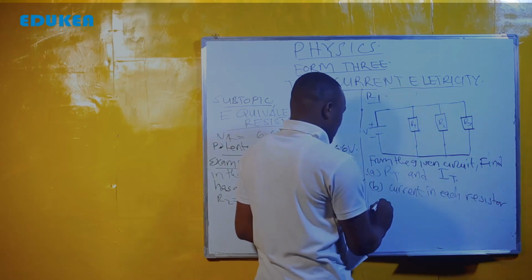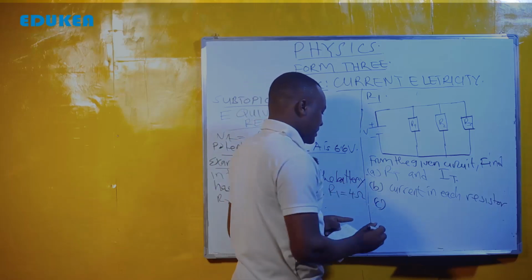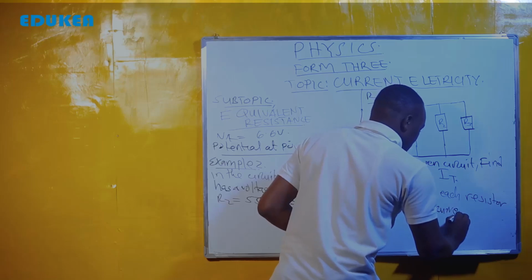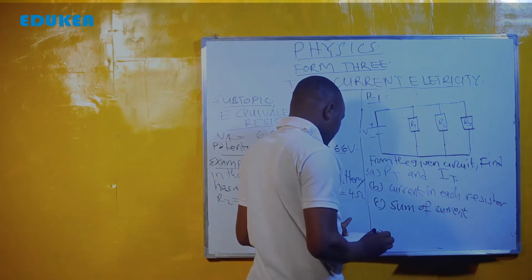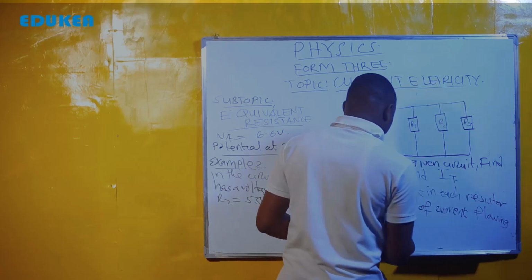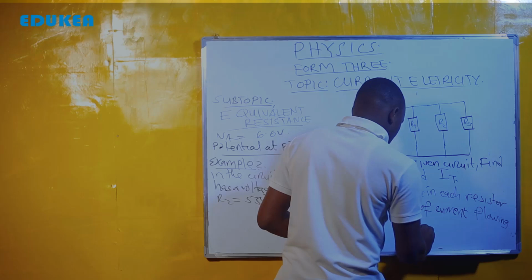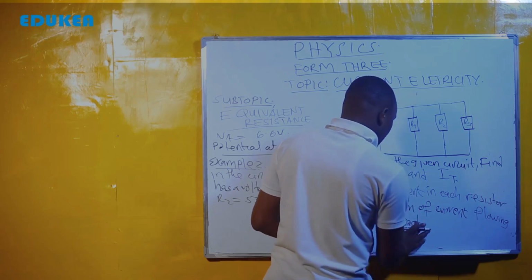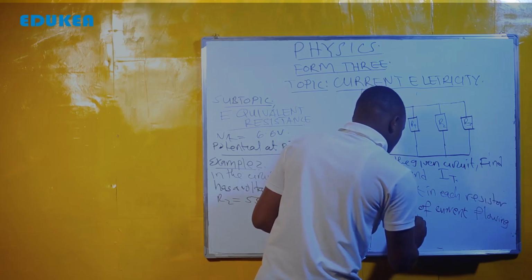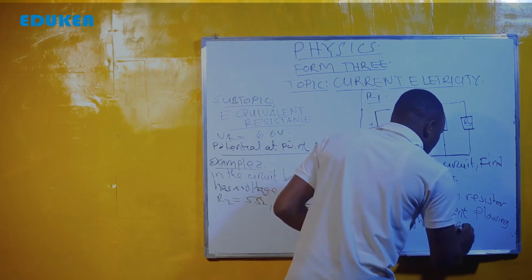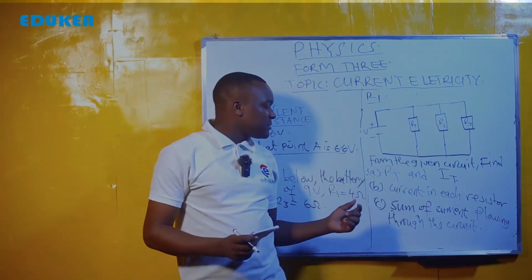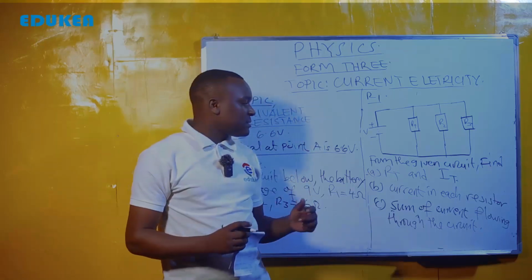And the last, you are required to find the sum of currents flowing through the circuit. So that is our question. You are required to find first the total resistance and total current.